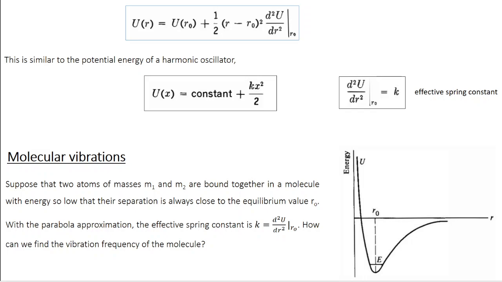You can also get some of the kinetics and mechanisms of the chemical reactions in which the molecule has taken part. So you can get a lot of information from the vibrational frequency. Now you can calculate the vibrational frequency mathematically using the harmonic oscillator approximation. Let's see how we do that.